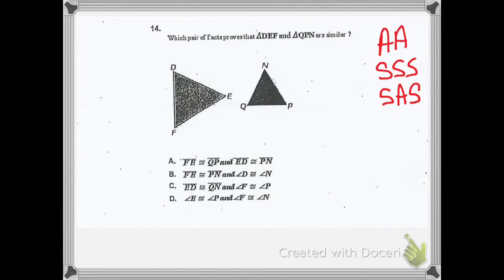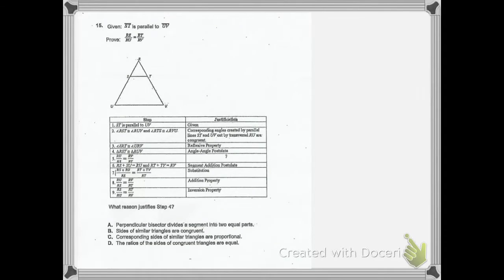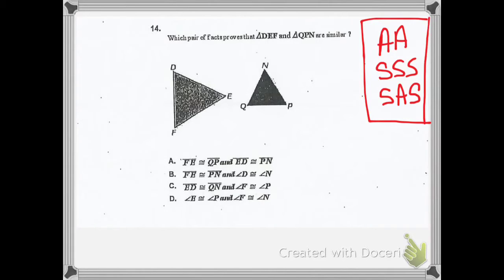Number 14. Which pair of facts prove that triangles DEF and triangle QPN are similar? Now these are the three theorems that we studied to prove similarity. So we need to see which one uses that. If FE is congruent to QP and BD is congruent to PN, or ED is congruent to PN.